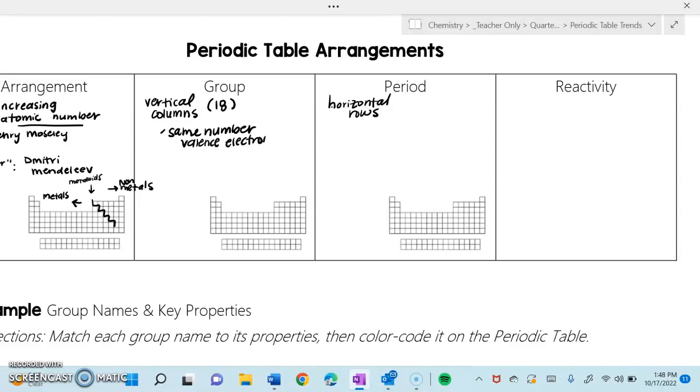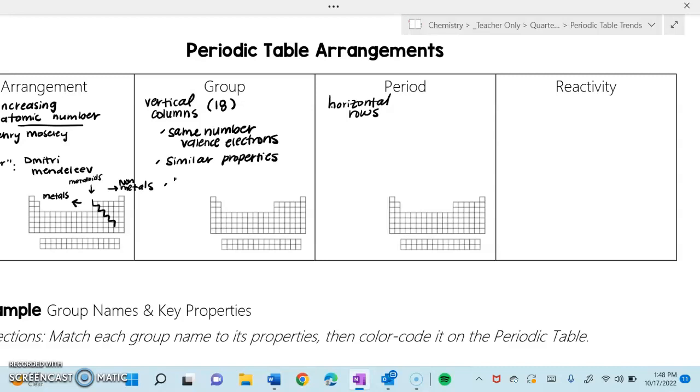We've looked at this already when we were talking about electron configurations, that our valence electrons match the A numbering of the groups, 1A through 8A, showing the number of valence electrons. When we have the same number of valence electrons, this leads to similar properties, because properties and reactivity relate to the number of valence electrons.